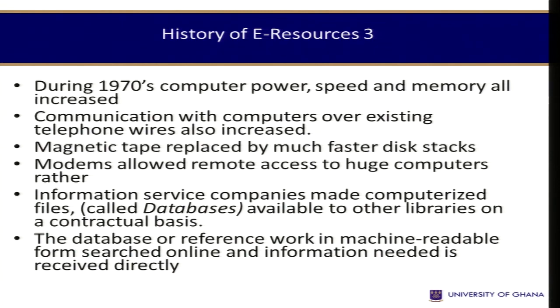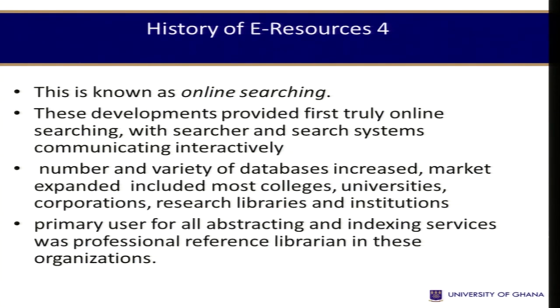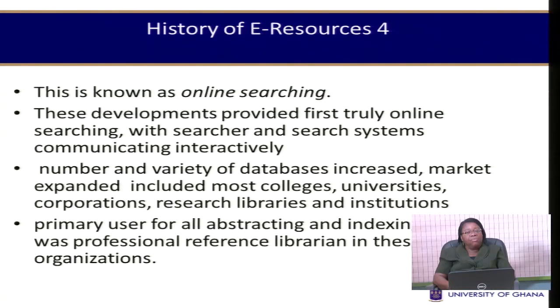Now, these databases were user-friendly. End users could search the databases and retrieve the information that they wanted. This was known as online searching. So the users just used the databases, found out a number of things that they needed, and then they either printed the information, downloaded and printed, or just read online.